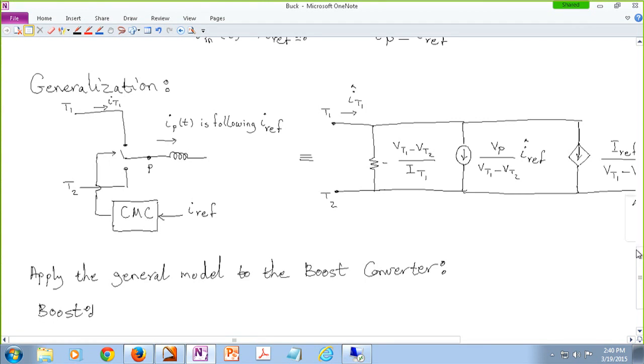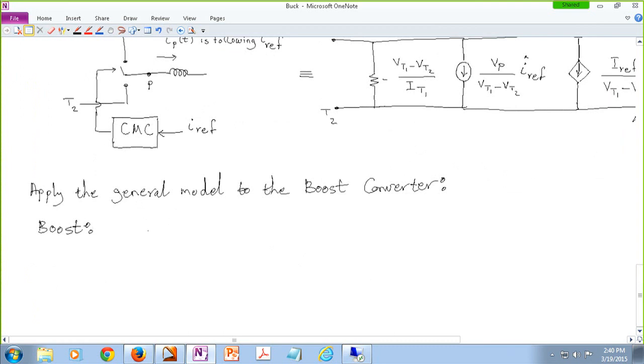So remember, the boost converter is something like this. So this is throw 1, throw 2. For instance, you can argue that VT1 minus VT2 is nothing but the DC value of the output voltage.